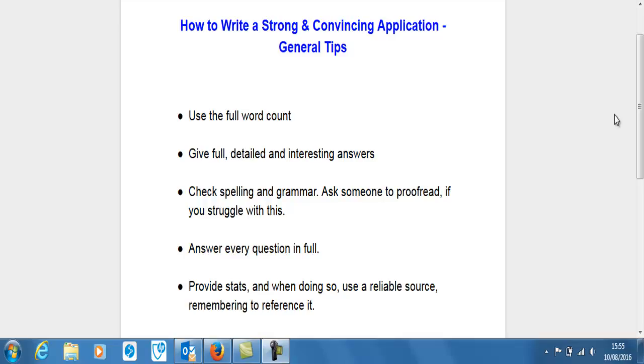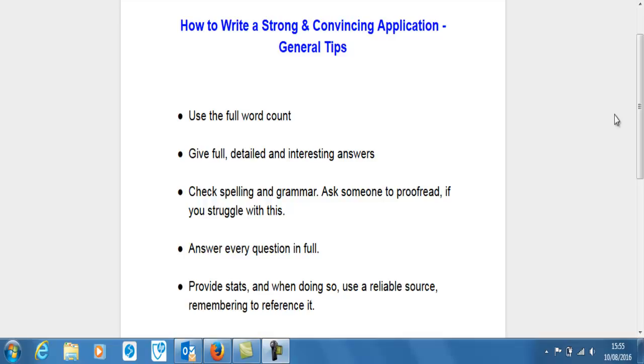Even though it says maximum word count 250, don't be fooled into thinking that you can write 100 and it's okay. When we're looking at our applications and judging them, if we see that you had the potential to use 250, but you've only used 100, it can come across as you're not really trying as hard as you potentially could.